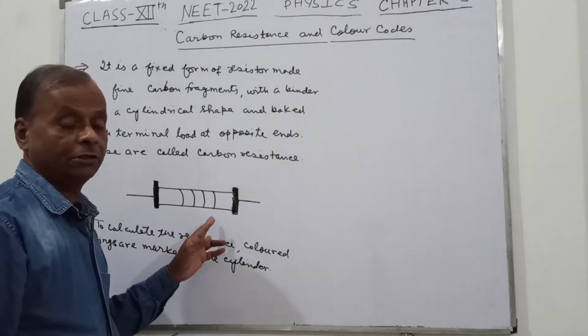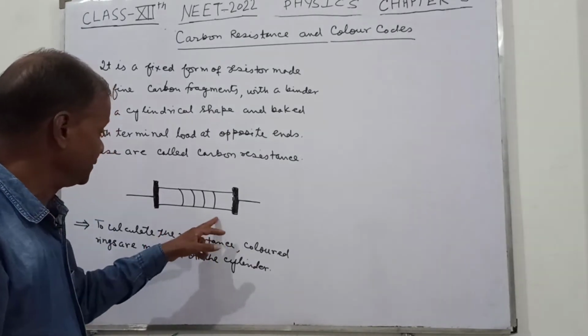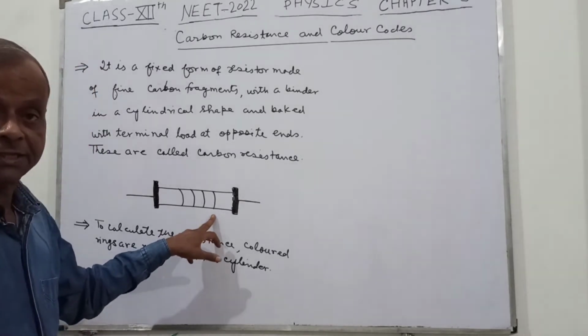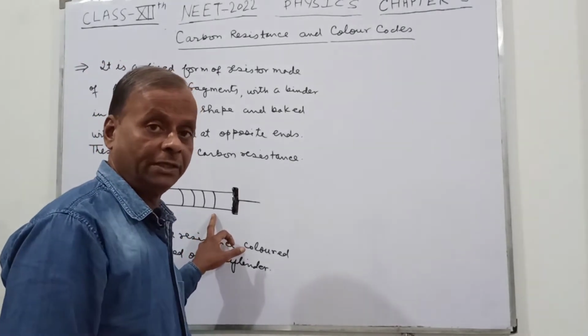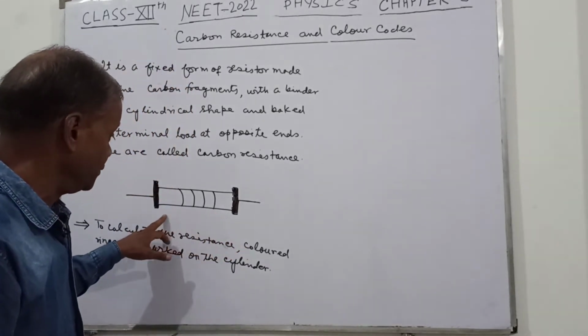Now suppose we have these rings, and the last ring is either silver or gold or anything else. Then we have to read the resistance from left to right.